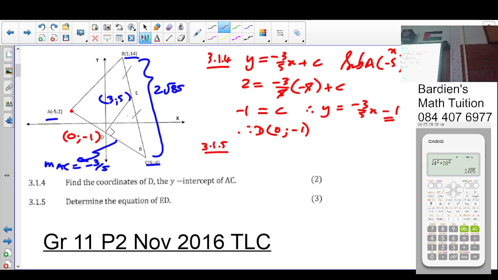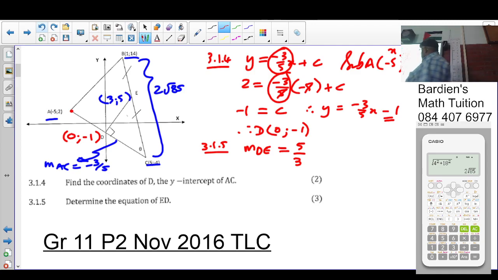3.1.5, the question says, determine the equation of ED. So what do we know about ED? It's perpendicular to AC. When lines are perpendicular, what do we know? The product of the two gradients is negative 1. So the gradient of DE times the gradient of AC is negative 1. If AC's gradient is negative 3 over 5, then DE is going to be 5 over 3.